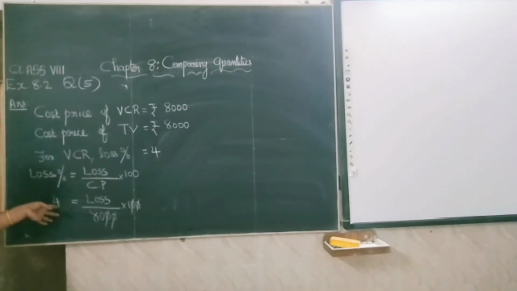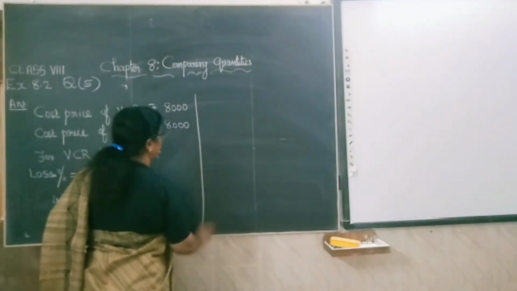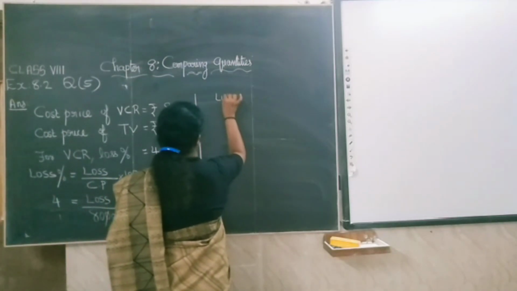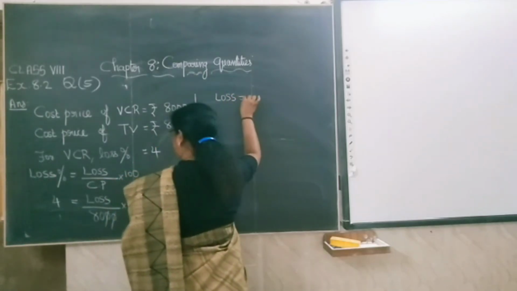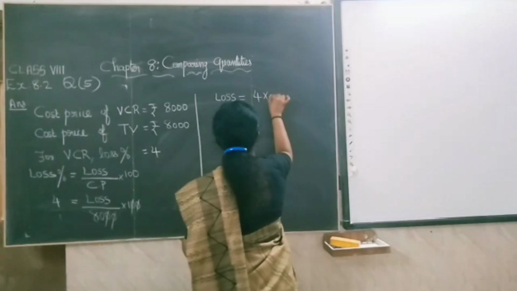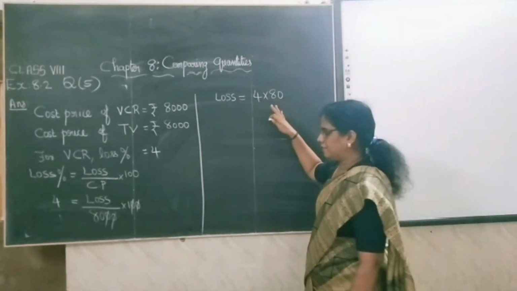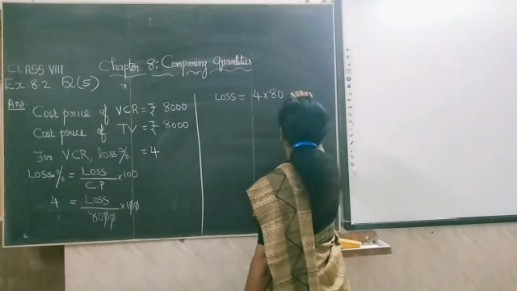So from this, by cross multiplying, 4 we can consider as 4 by 1. So by cross multiplying we can find loss. So next step, loss is equal to, we can do the cross multiplication, that is 4 multiplied by 80, that is equal to 320.